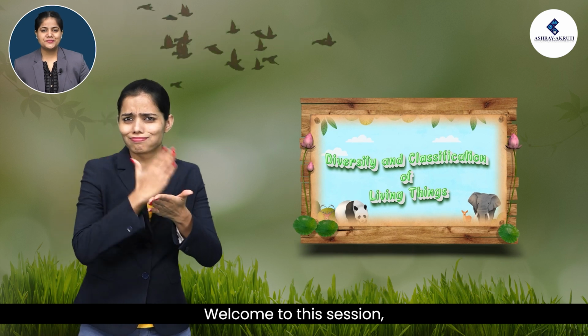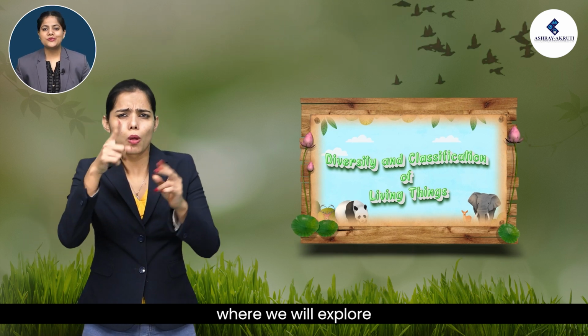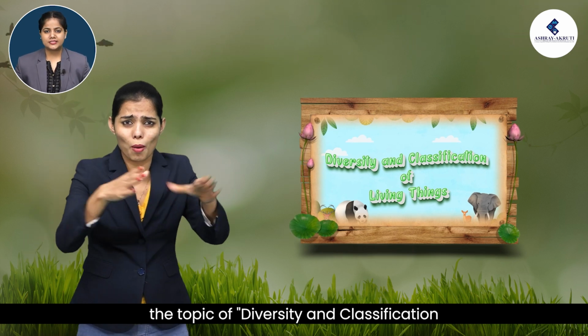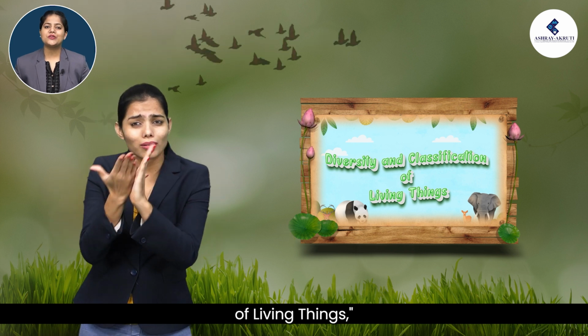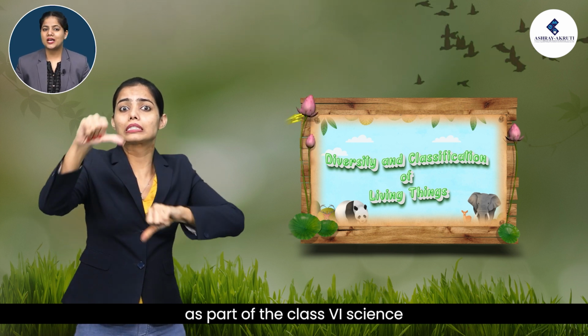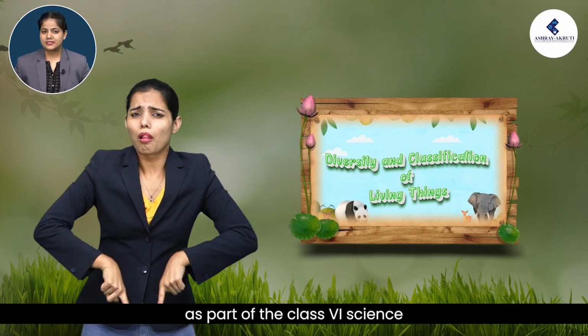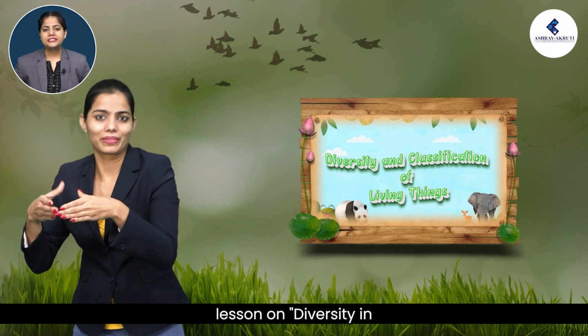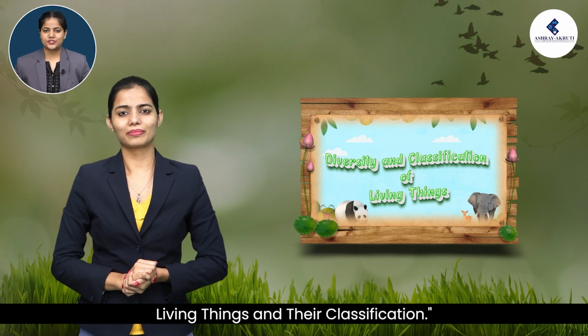Welcome to this session where we will explore the topic of diversity and classification of living things as part of the class 6 science lesson on diversity in living things and their classification.